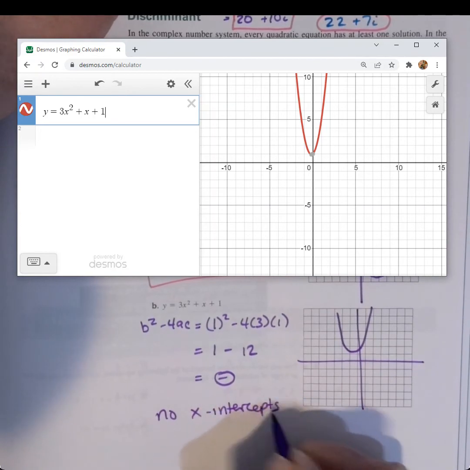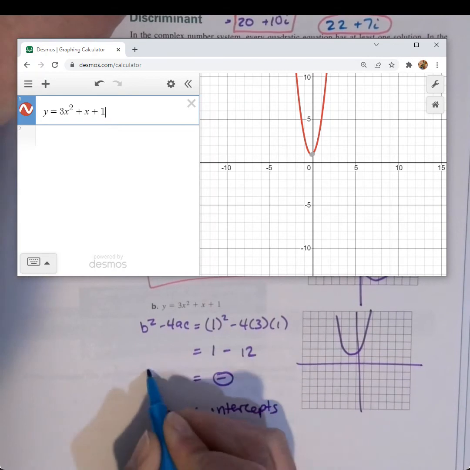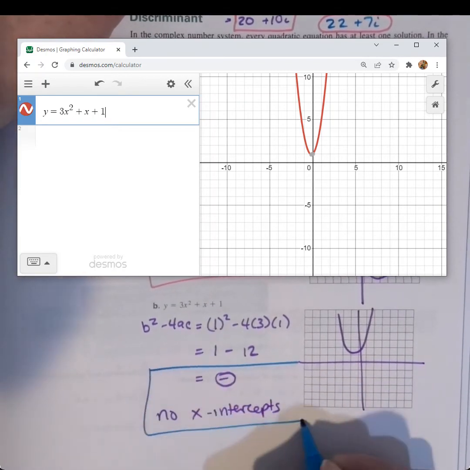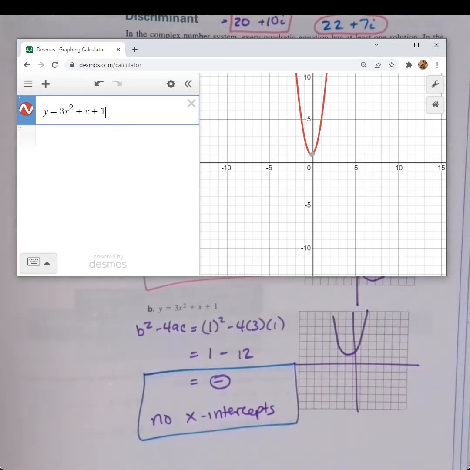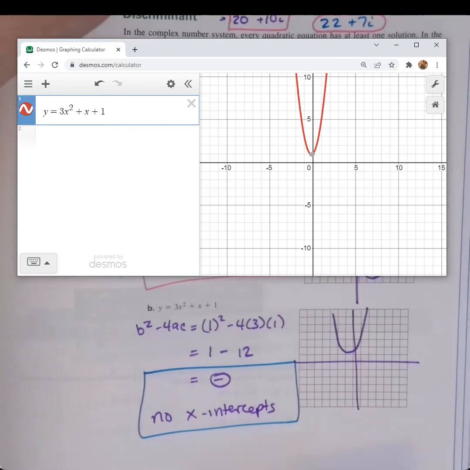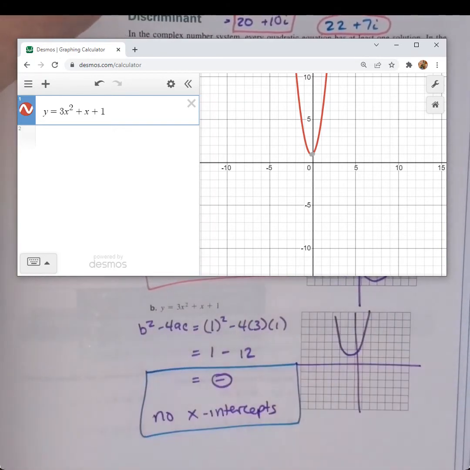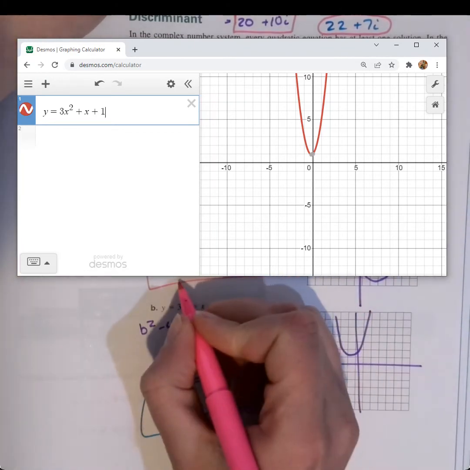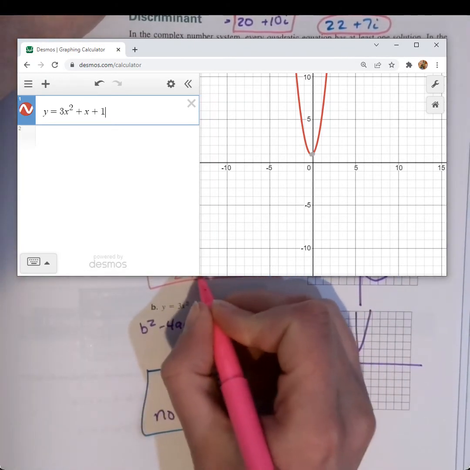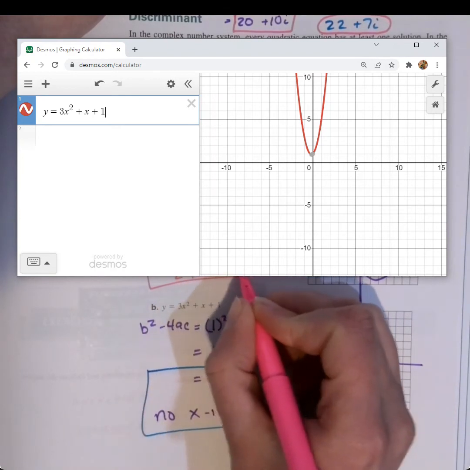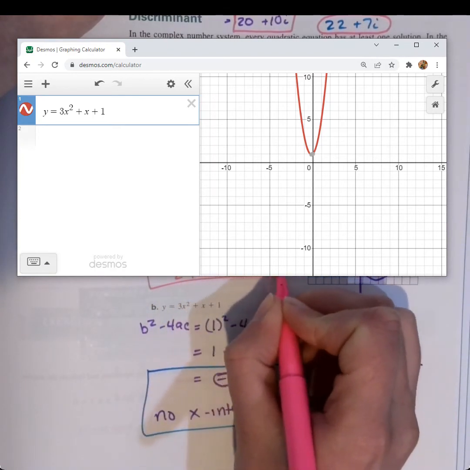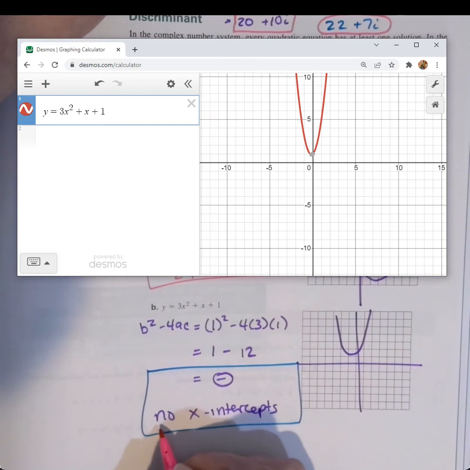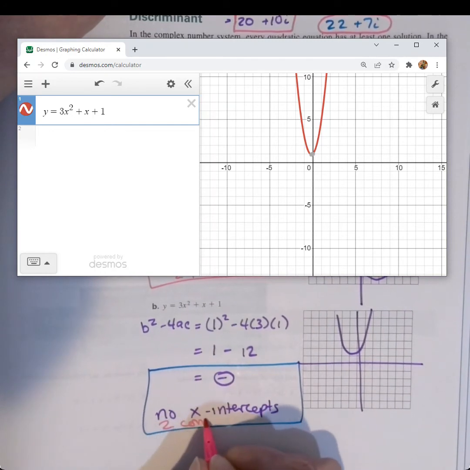Not surprising because the discriminant is negative and that negative is inside of a radical, so my answers are complex. Okay, so there are two solutions. Let me even add that bit right here. So this one has two x-intercepts and it has two real solutions. This one has no x-intercepts, but it has two complex solutions.